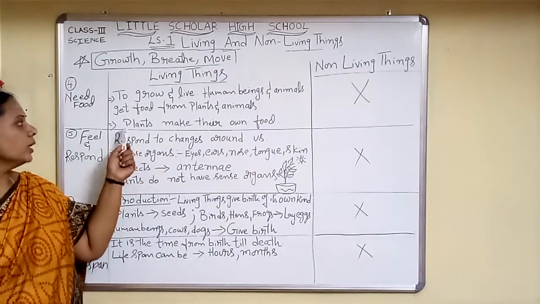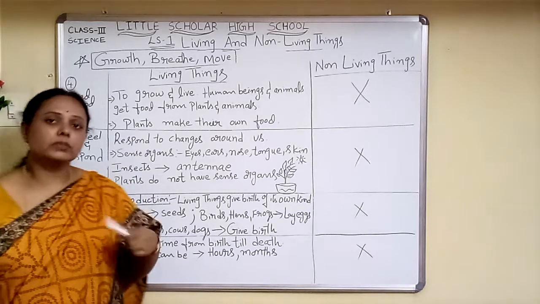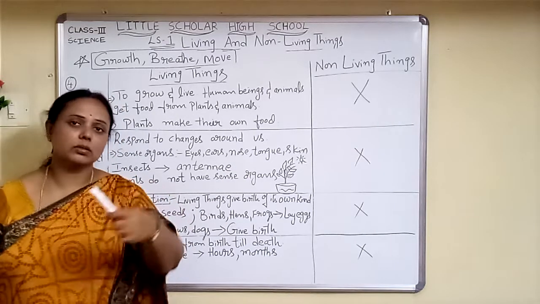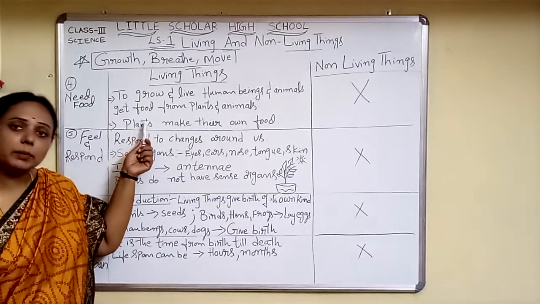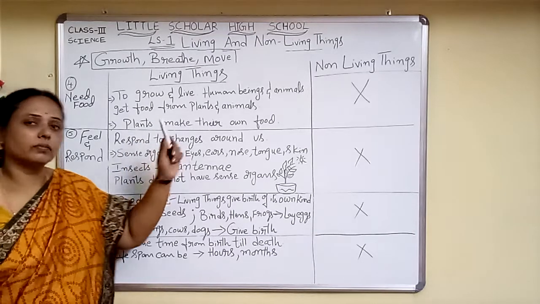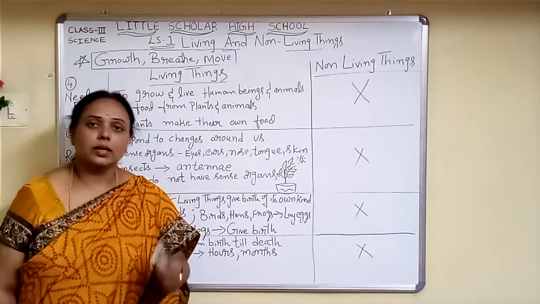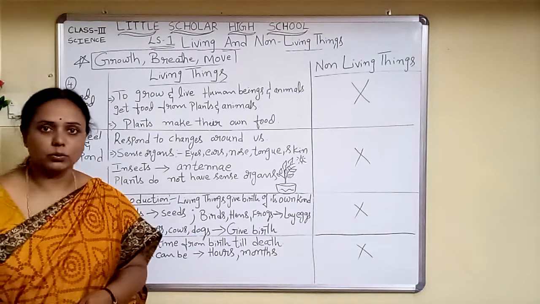Now when we come to the plants, plants do not take food from outside, children, like we take food from some other animal or some other plant. They prepare their own food, taking the sunlight, the water and minerals from the soil and the air from the surroundings.